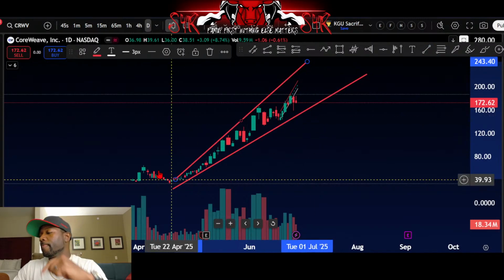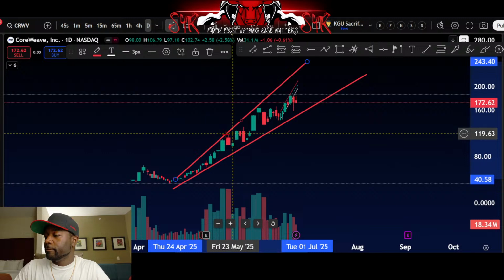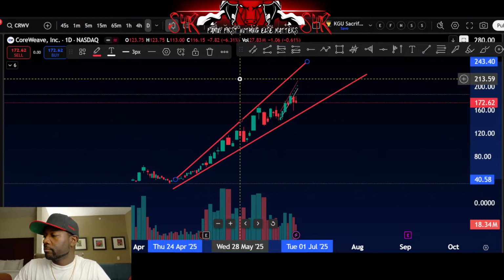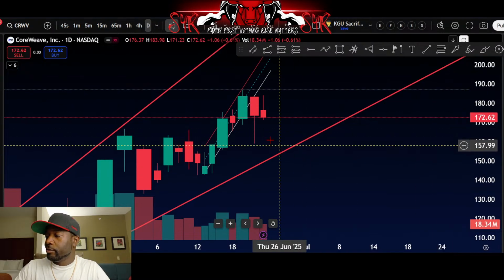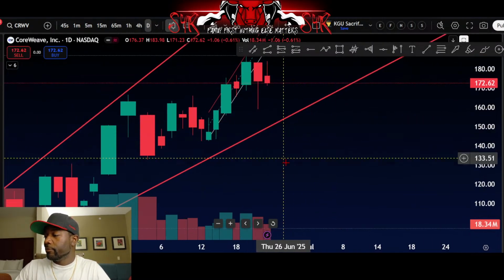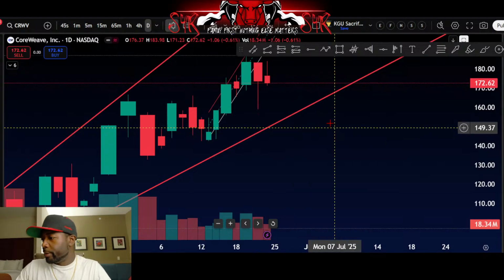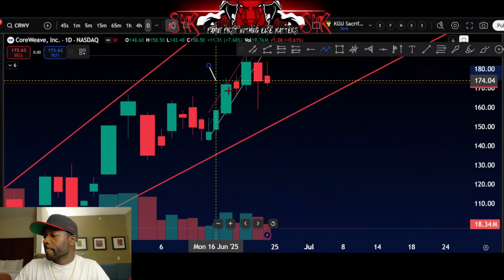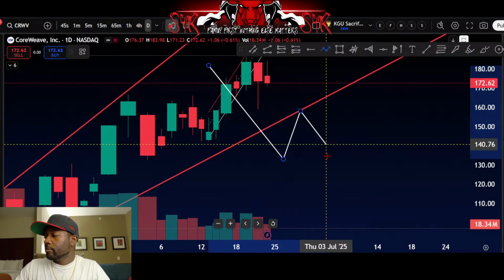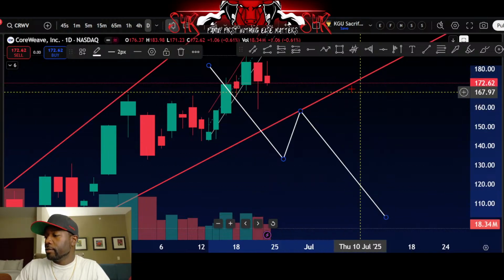This is a megaphone pattern. And just like any chart pattern, you're looking for a breakout or breakdown, breaking out of this channel. And you're looking for the downside moves like that, right?